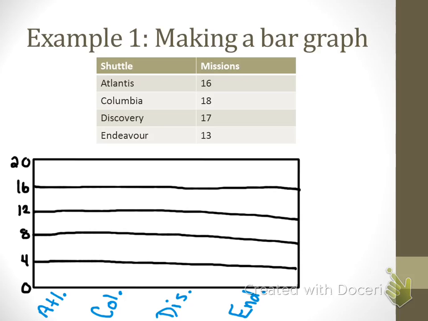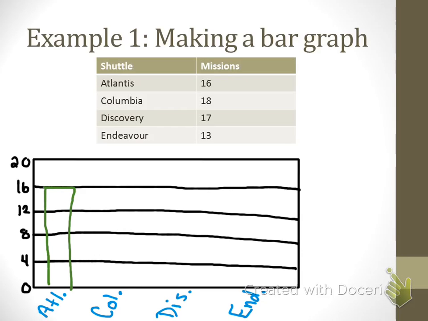Okay? All right, now with a bar graph, I'm going to look at the value in the table, and I'm going to graph this. I'm going to plot my bar that matches the value, the number of missions. So how many missions did the Atlantis go on? It was 16, so I'm going to draw my bar all the way up to the 16.